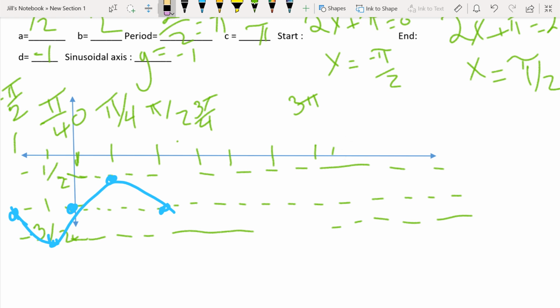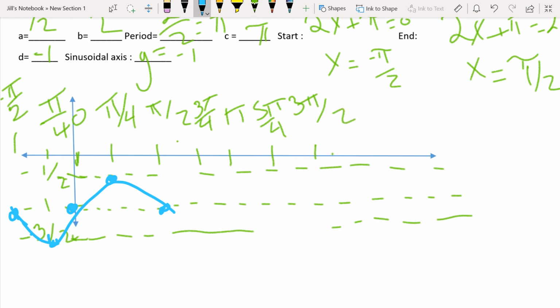Why won't this erase? Okay, so then 3 pi over 4, this would be pi, and this would be 5 pi over 4. And this one doesn't exist. But again, I can't erase. There we go.